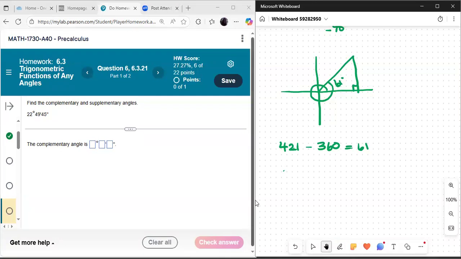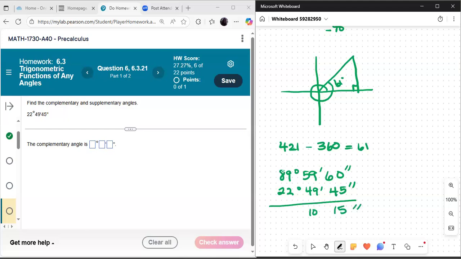To find an angle that's complementary, we need to subtract from 90 degrees, which is 89 degrees, 59 minutes, 60 seconds. Subtract, and we have 15 seconds, 10 minutes, and 67 degrees.